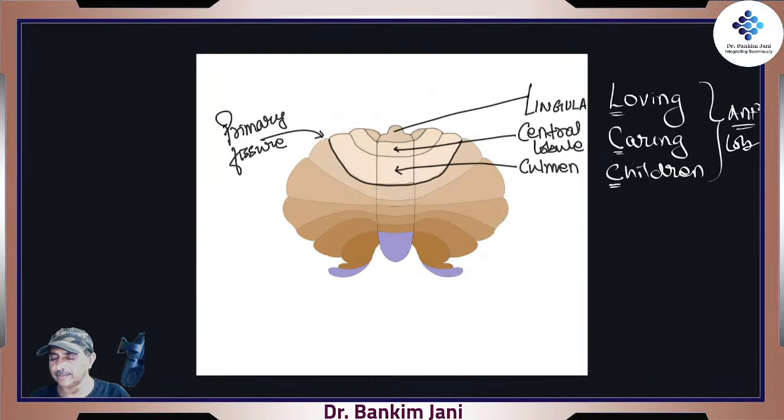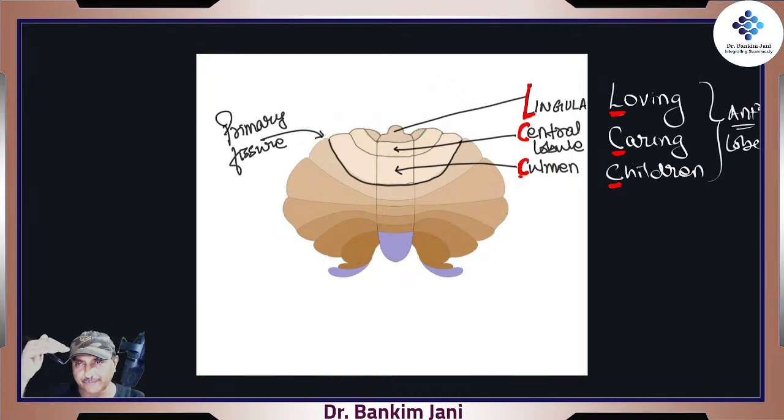So we have lingula, central lobule, and culmen. So this is the primary fissure.